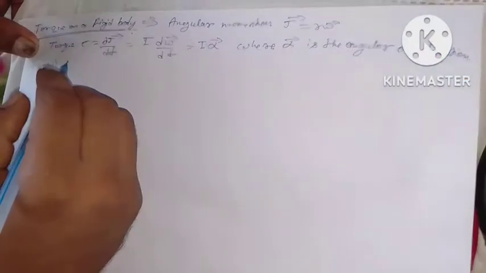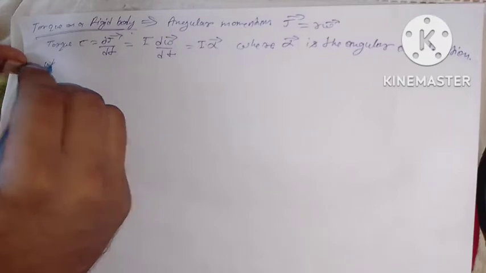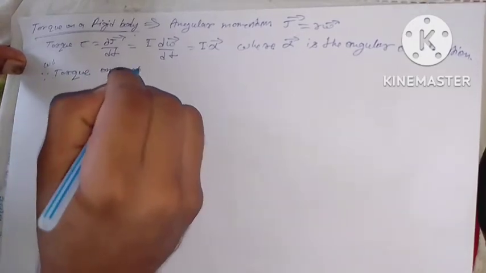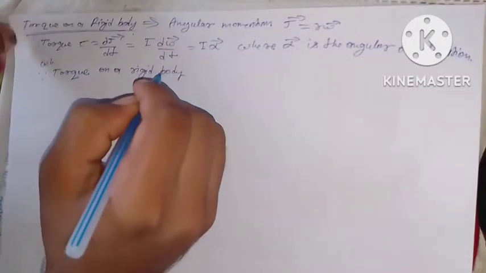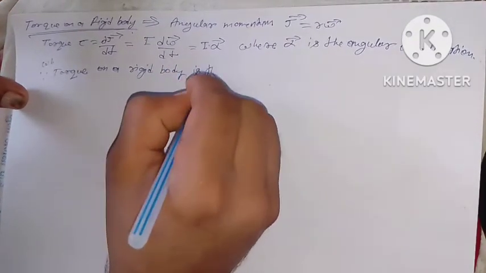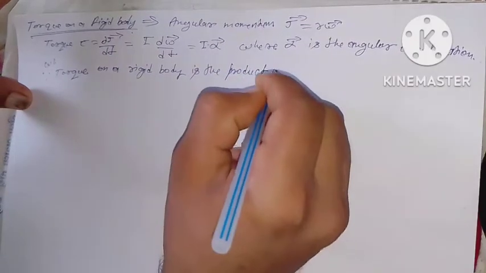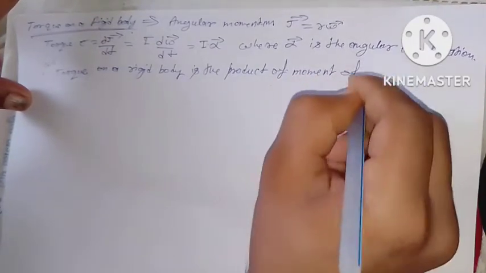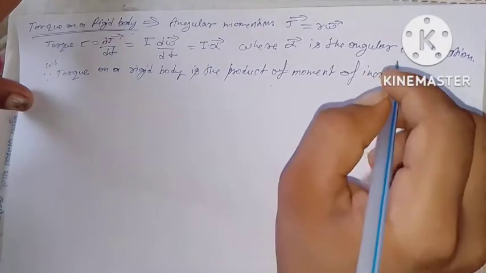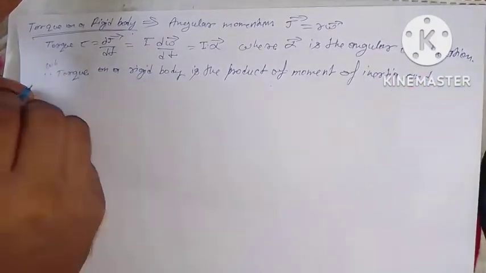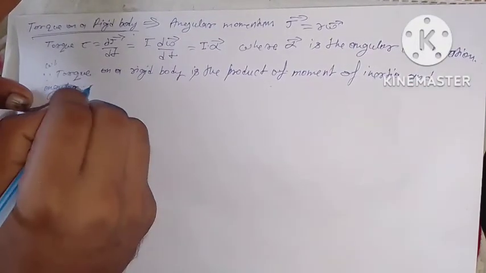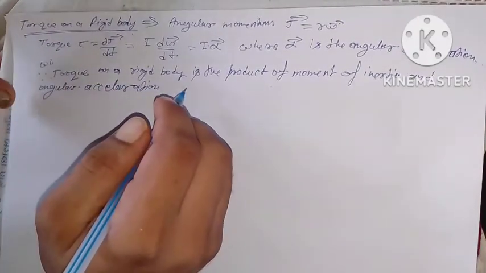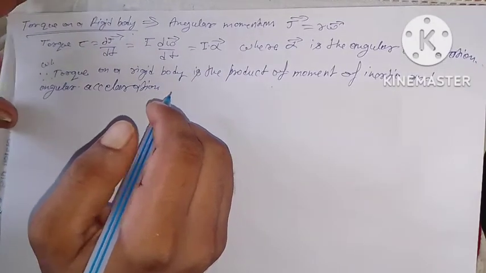Torque on a rigid body is the product of moment of inertia and angular acceleration.